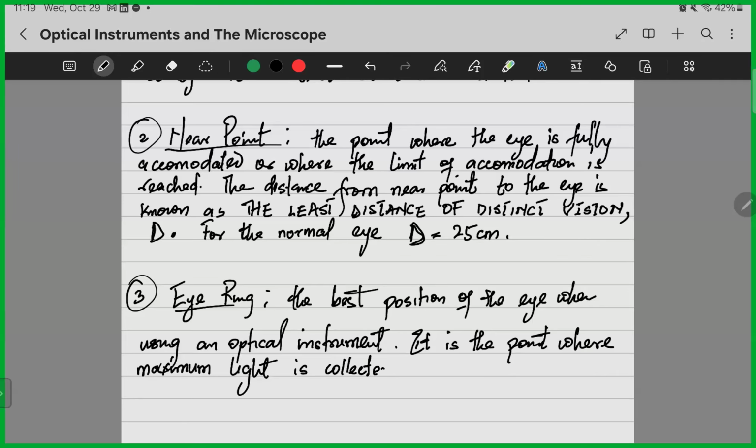So let's quickly talk about, and normally, as I go ahead, I'm going to explain what magnification is. We basically just talked about power, magnifying power.